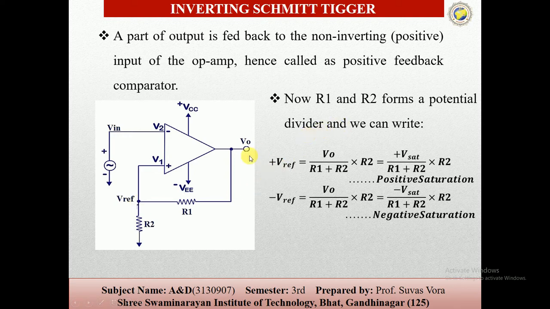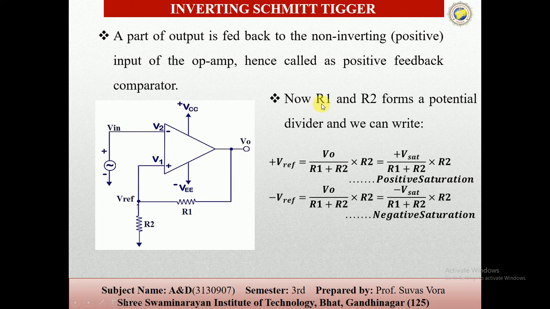So we get two states here. When positive saturation occurs, at that time we get the positive V reference, and if negative saturation occurs, at that time we get the negative V reference.